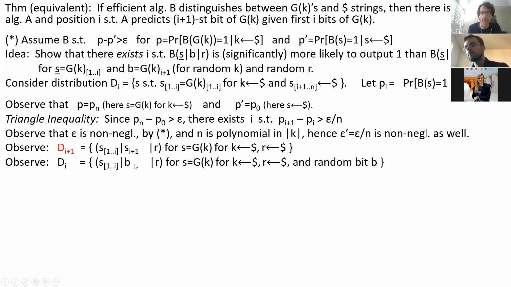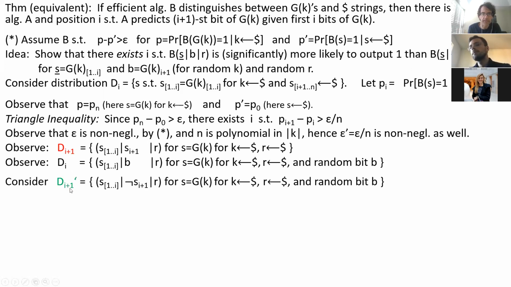But basically, a random bit is an average between correct and incorrect. So a random bit with 1/2 probability is a correct one, and with 1/2 probability is an incorrect one. So this distribution is really 1/2 of this one plus 1/2 of a flip distribution, which looks like this: correct bits here, an incorrect bit here, and random.